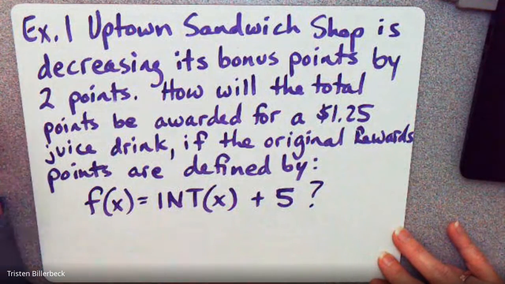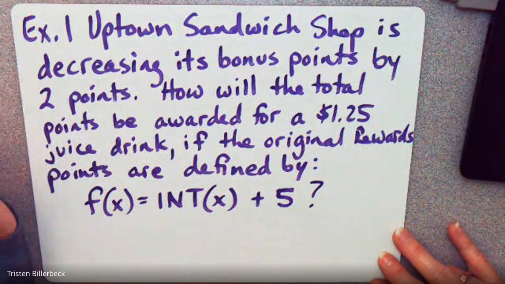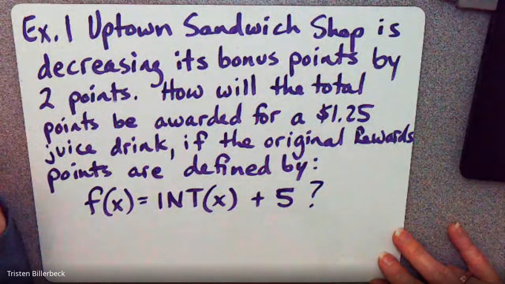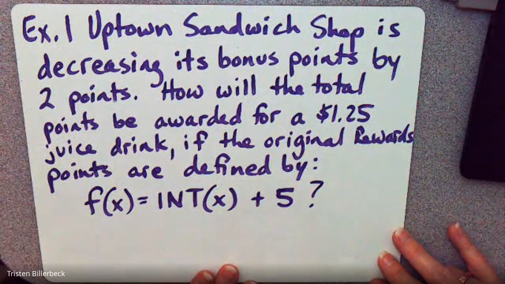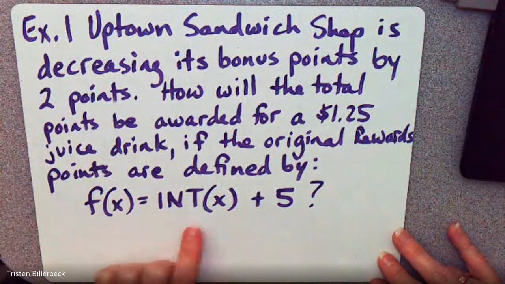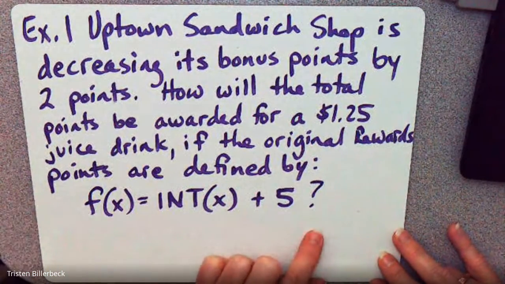So if Uptown Sandwich Shop is decreasing its bonus points by 2 points, how will the total points awarded change for a $1.25 juice drink if the original reward points are defined by f of x equals the floor function of x plus 5?